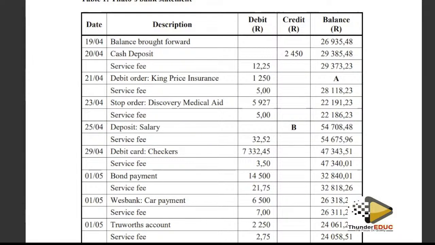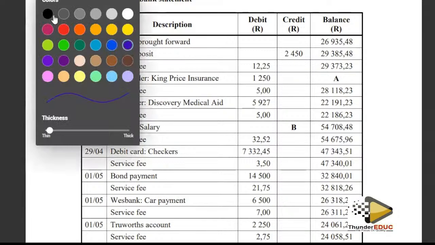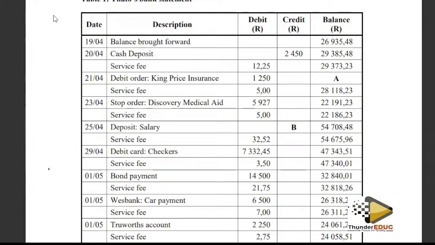What I want you to know is that debit, this money goes out, it's subtracted. Credit, it's coming in, it's going to be added together.